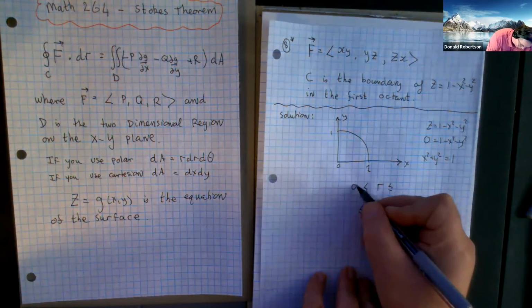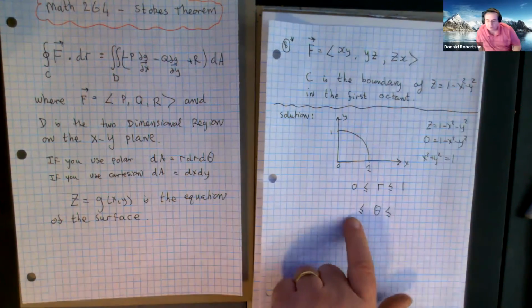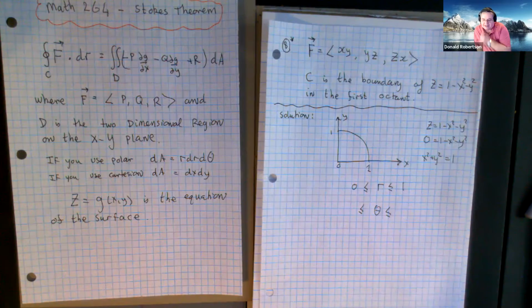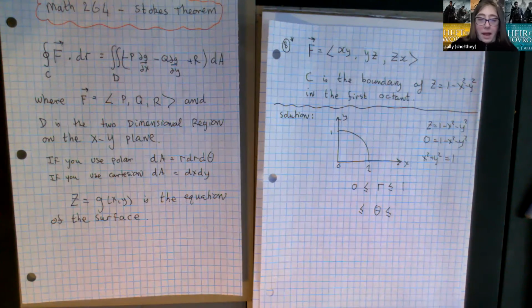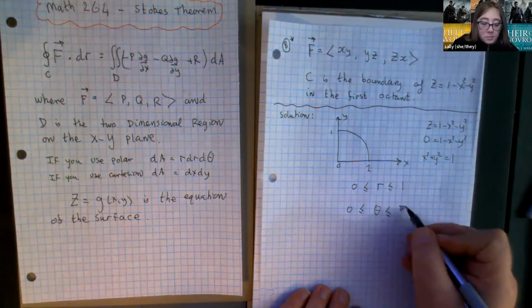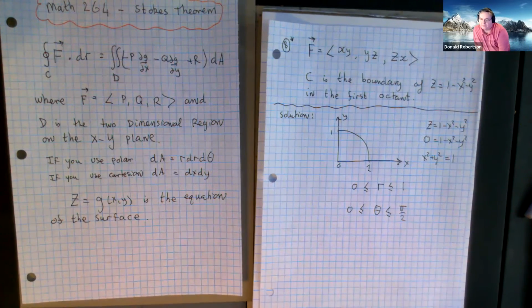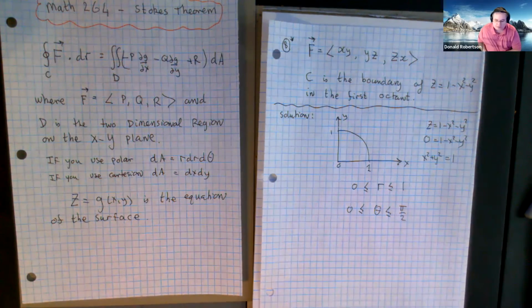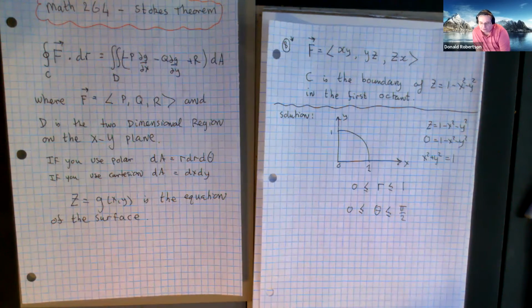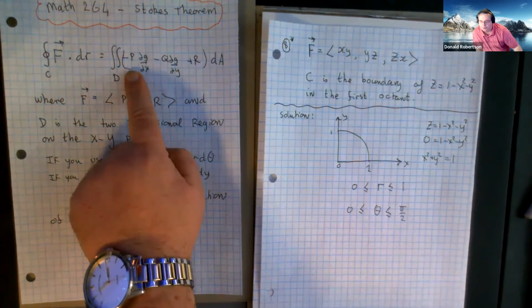The radius is 1. Okay, be careful here. What will theta be? 0 to pi halves. Agreed. Now, I think I mentioned yesterday that orientation is important. So we're assuming that the thing is in positive orientation, in which case this will do.